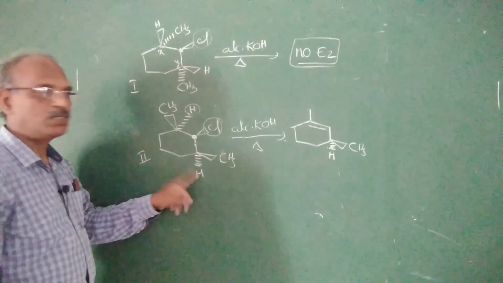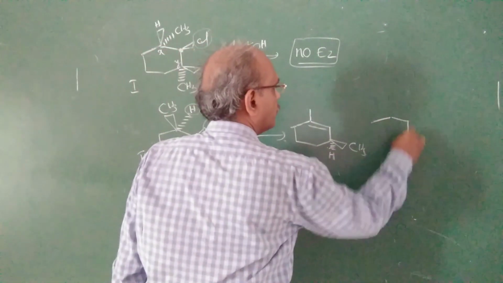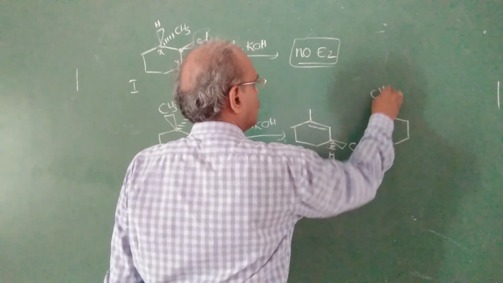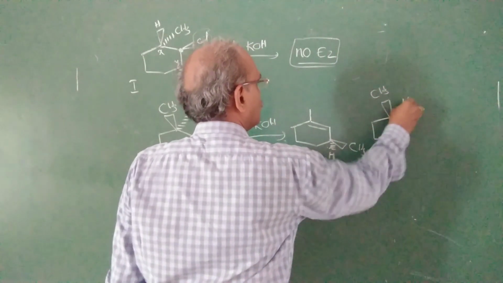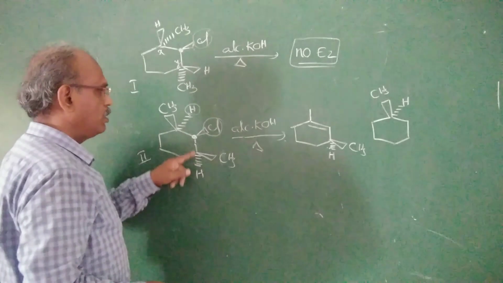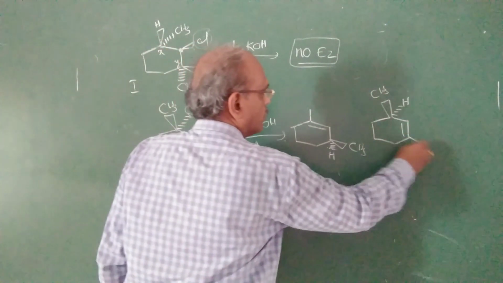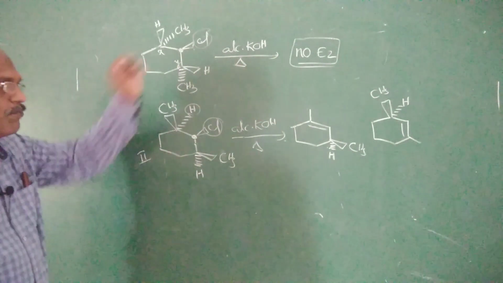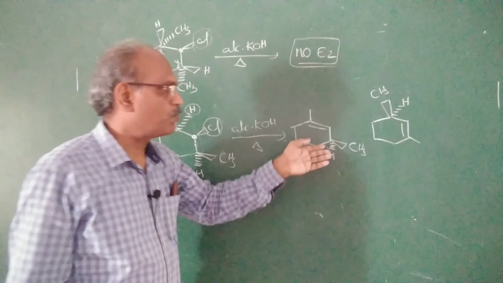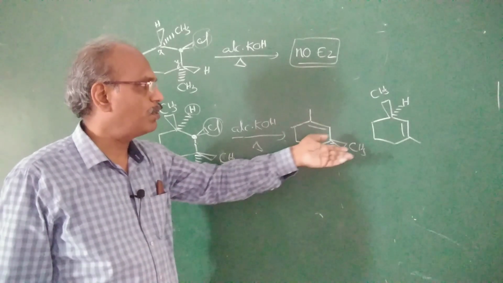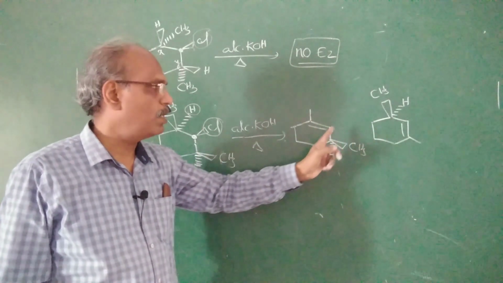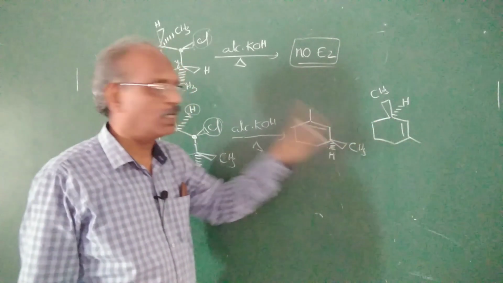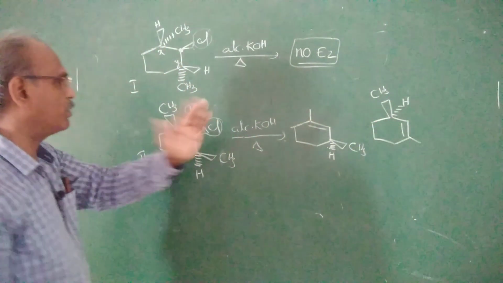This is also possible. Of course, whether these products are same or different, you have to check. They appear to be same. How do you decide? Based on the configuration, you can decide. Okay, leave it. That is a different matter.